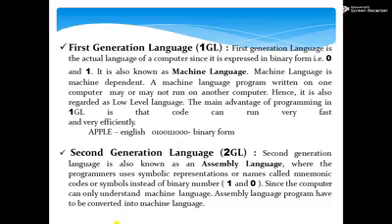Now let's move to second generation language. Second generation language is also known as assembly language. The programmer uses a symbolic representation or names called mnemonic code or symbols instead of binary numbers, that is 1 and 0. Since the computer can only understand machine language, assembly language programs had to be converted into machine language.